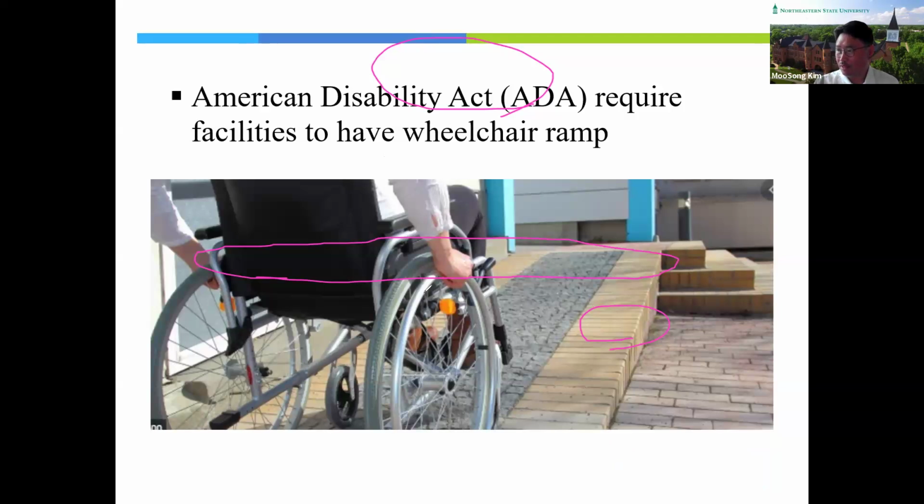So you probably see wheelchair ramps in buildings, especially clinics, fitness centers, and other buildings. This is the kind of regulation that requires us to construct a wheelchair ramp for every building.